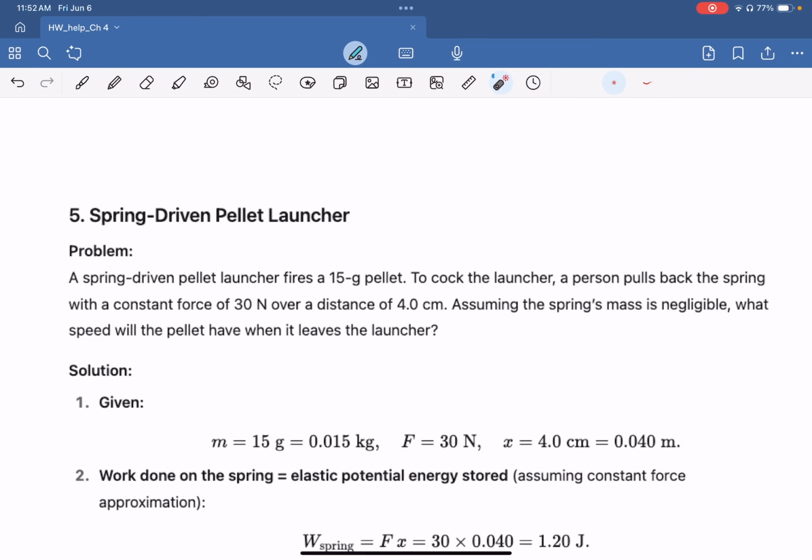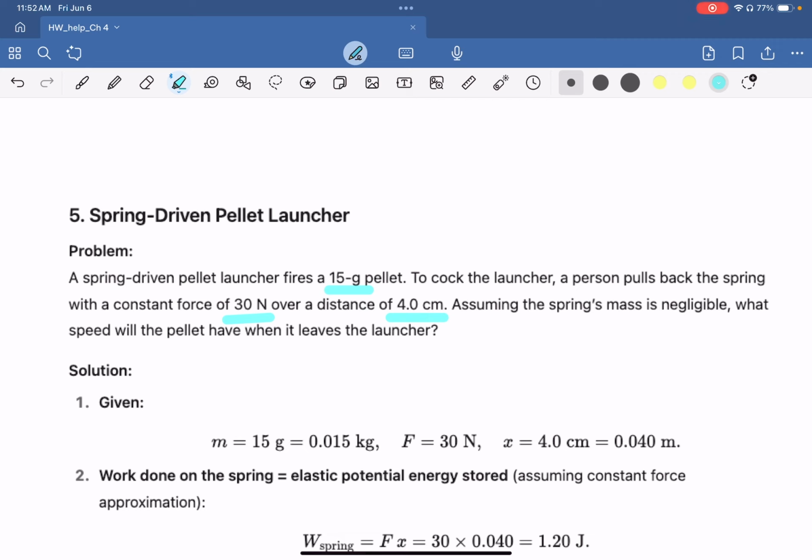All right, what do we have here? A spring-driven pellet launcher fires a 15-gram pellet. So now we have a compressed spring that is let go, and it fires a pellet, just like a toy gun. To cock the launcher, a person pulls back the spring with a constant force of 30 newtons over a distance of 4.0 centimeters.